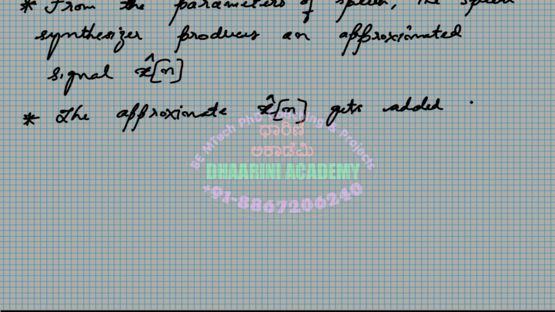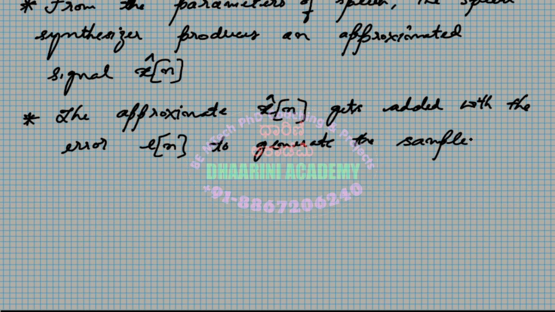So we can write that the approximate x cap of n gets added with the error to generate what we call the sampled signal, or the discrete speech signal, that is denoted by x of n.